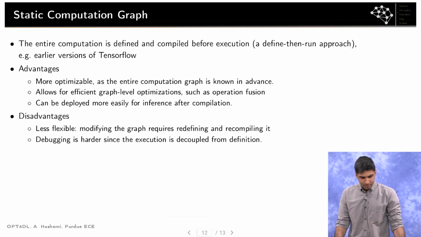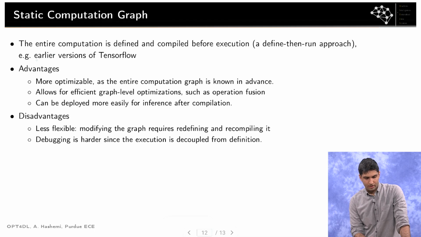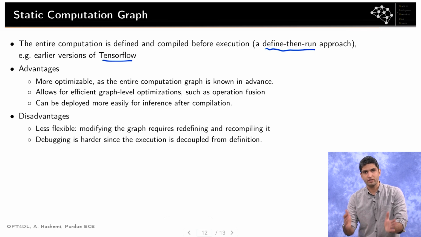This is indeed an approach that we took when we defined the earlier versions of one of the most famous deep learning packages, which is called TensorFlow. In some sense, this is intuitively called the define-then-run approach, because we are defining the graph first, and then we are running the calculation.